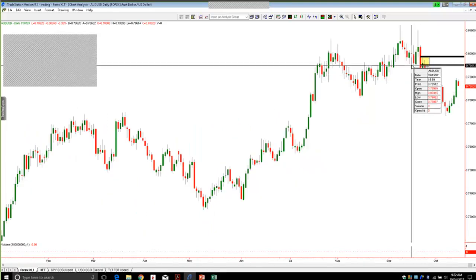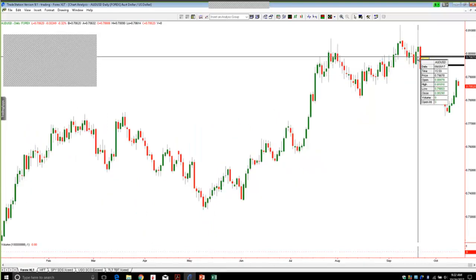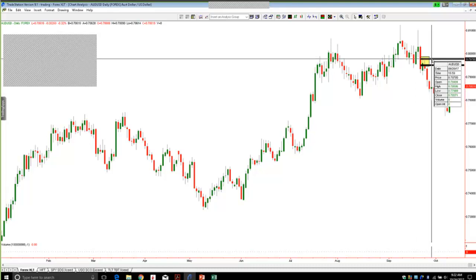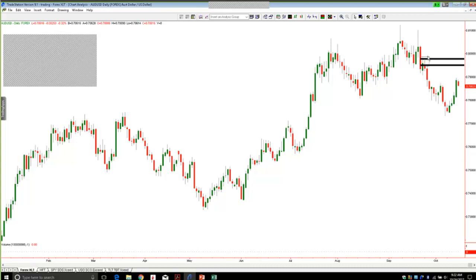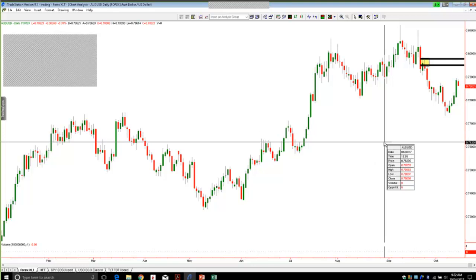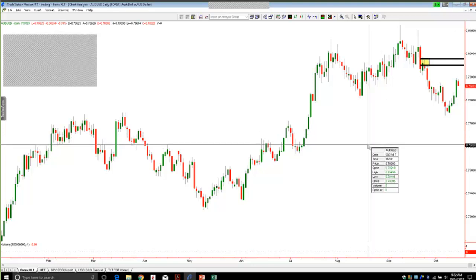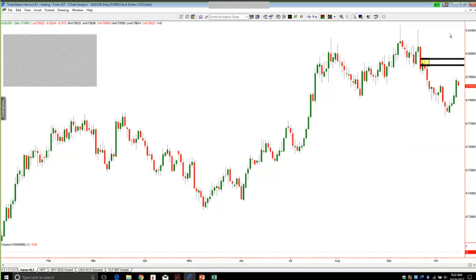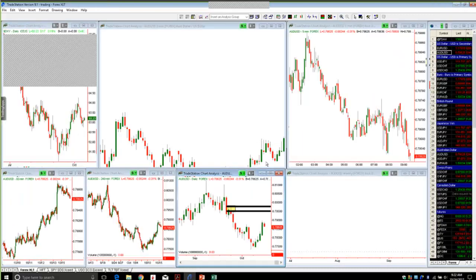So there's the 52 right there. 87, you don't need all that. That looks perfect. Okay, with our stop just above that. And it appears that we have room all the way down to 76.20. So let's double check that.